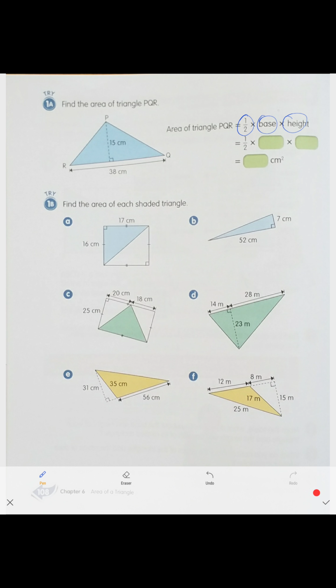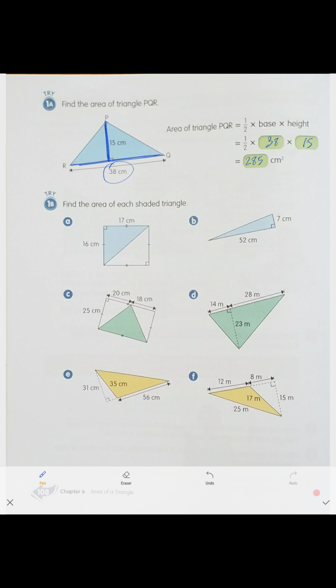When we multiply base and height, we get a rectangle, and the area of the triangle is half of the area of this rectangle. Our base over here is 38, our height over here is 15. This is what we write: 38 times 15. If you do your math well, you're gonna have 285 square centimeters, right?